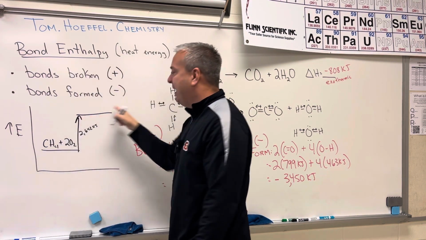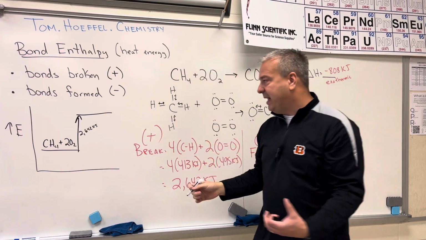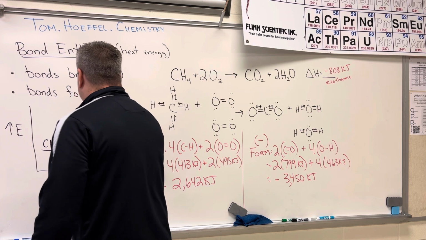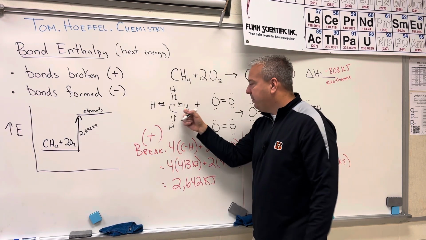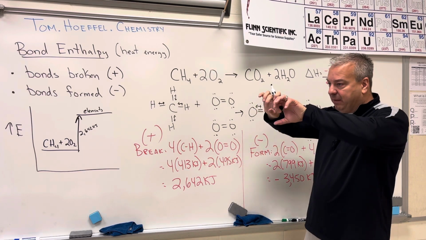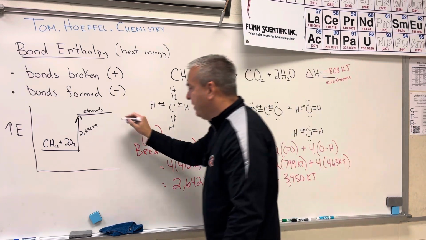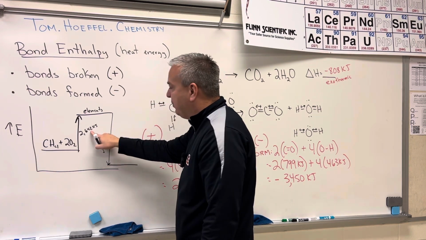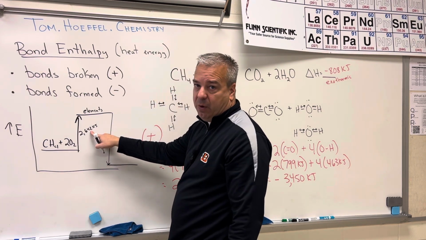And what did we get out of that? Well, if we broke them all down, we broke them down into their elements. So we broke them down into the elements of carbon, hydrogen, and oxygen. And then from those elements, we formed bonds, and we were able to release some energy. And we actually are releasing more than what we took in.